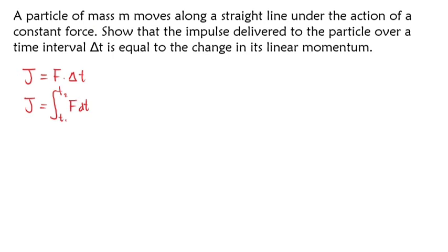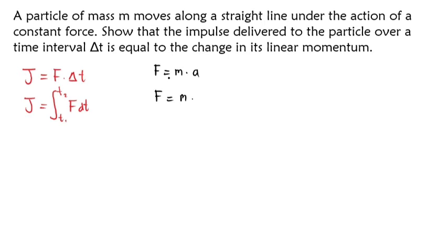Now let's restart the whole thing again. Newton's second law of motion states that force is the product of mass times acceleration. This is something that we know. Then force is equal to mass times acceleration. What do we know about acceleration?